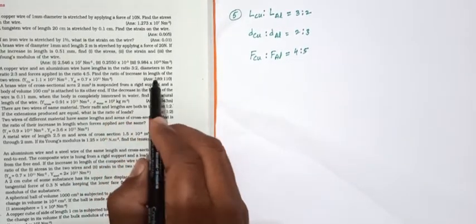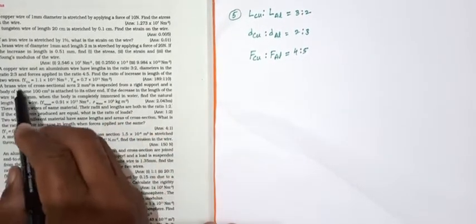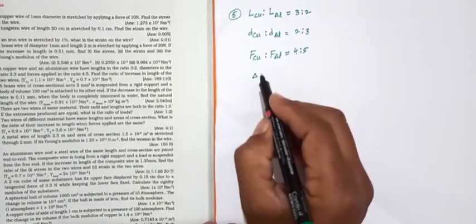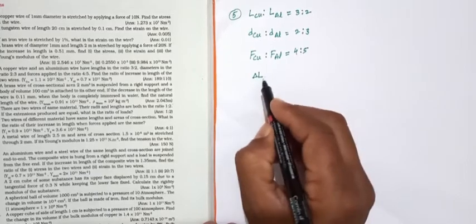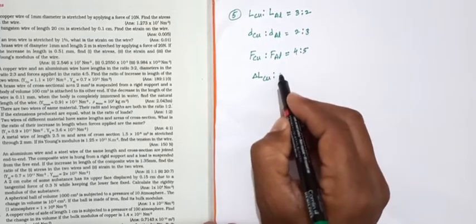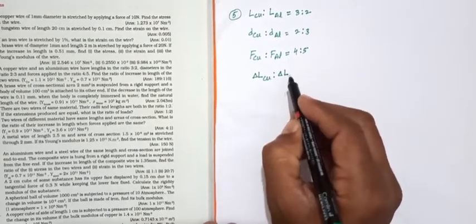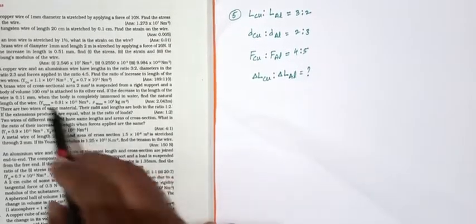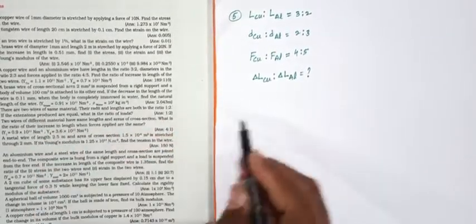Find the ratio of the increase in length of the two wires. Increase in length is delta L of copper to delta L of aluminium. Young's modulus is given.